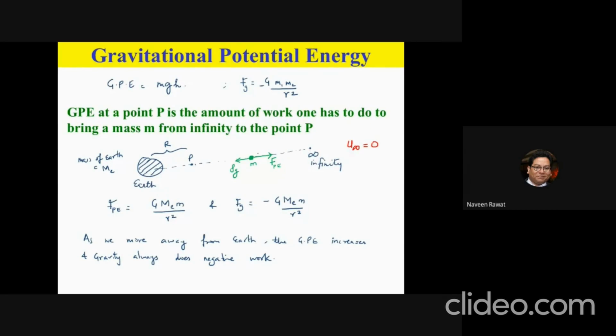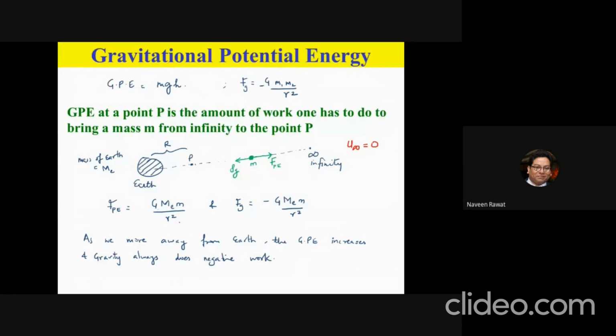Okay, so again, if we are trying to move an object from P to infinity, similarly gravity is trying to move an object from infinity to P. Okay, so the notation that we use is that if some person is doing the amount of work that it has to do to move this object, then the force that we'll be using is this value G Me m by r square.